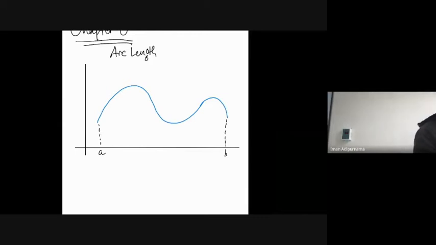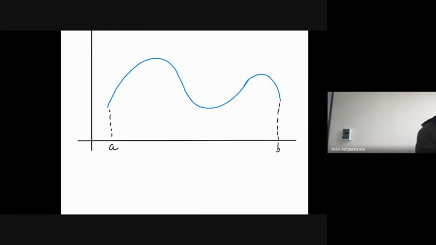So let's separate some points from this particular curve.